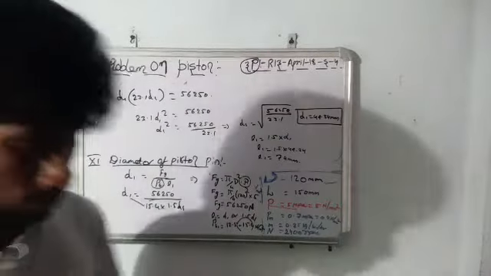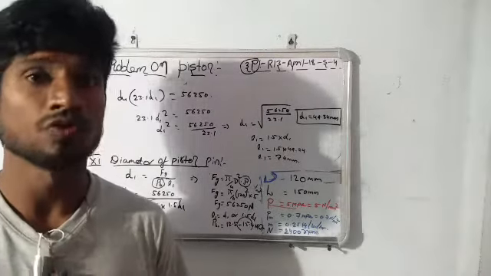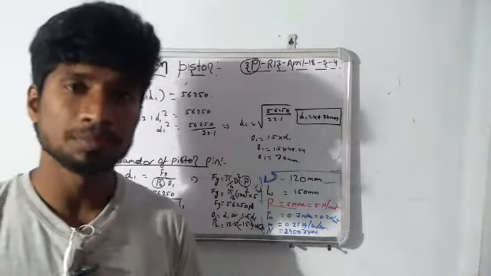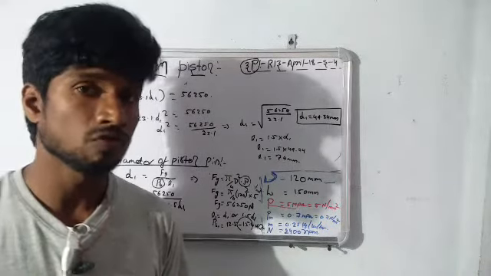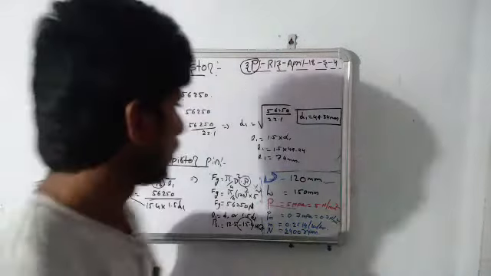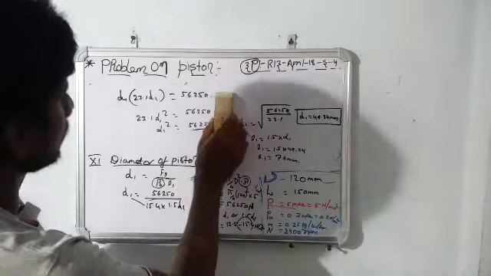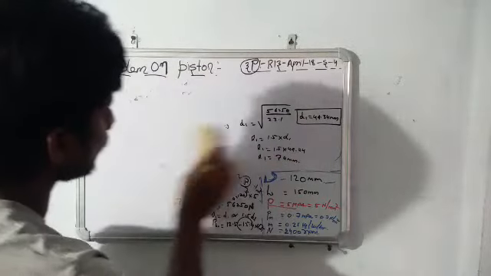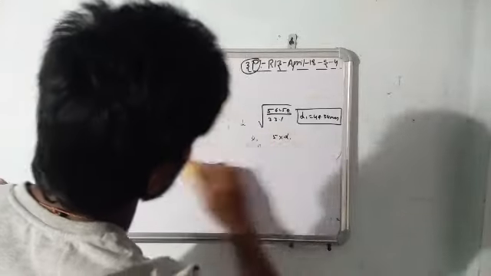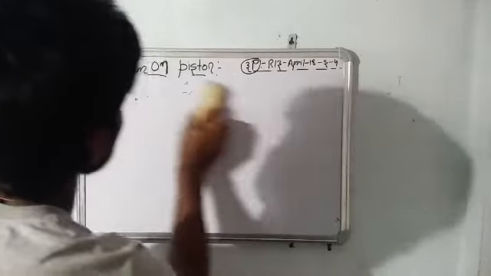So these are the proper values for the given problem to design a suitable piston for a 4-stroke engine. With the help of these values, I will draw one piston diagram for what we found from the design point of view in this problem.